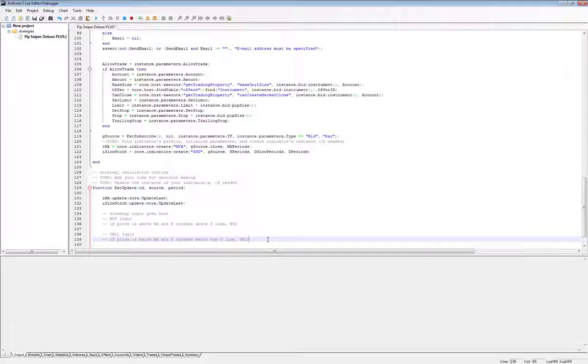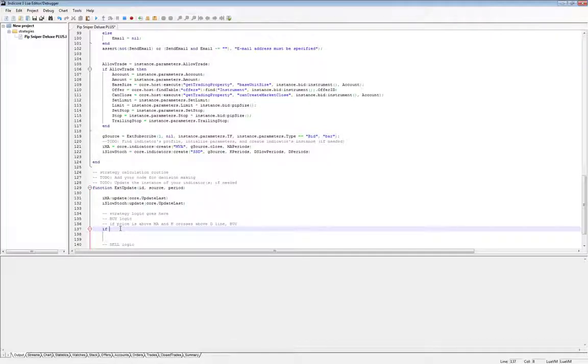And once we have our logic written out in English, we can now easily translate it into Lua. So let's start with the buy logic. We first need to make a comparison between price and moving average. So if price, we're going to use the price source gsource. More specifically, we want to look at the close price.